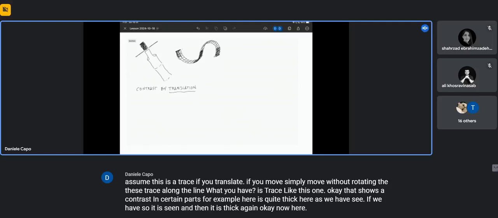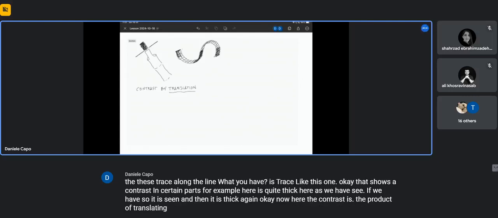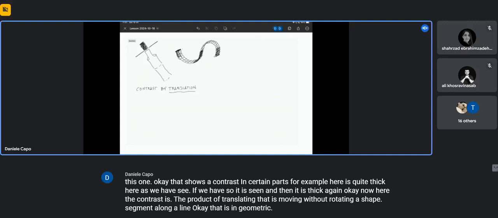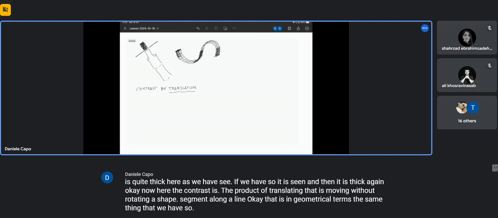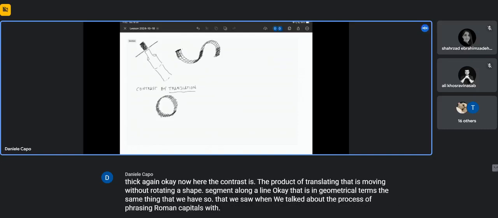Now here the contrast is the product of translating, that is moving without rotating, a shape segment along a line. That is in geometrical terms the same thing that we saw when we talked about the process of tracing Roman capitals with the brush.